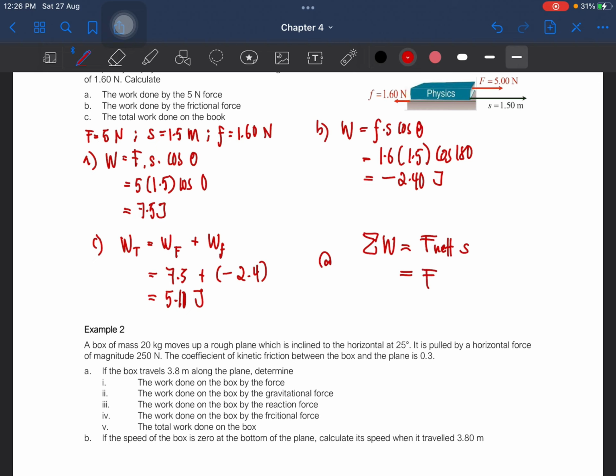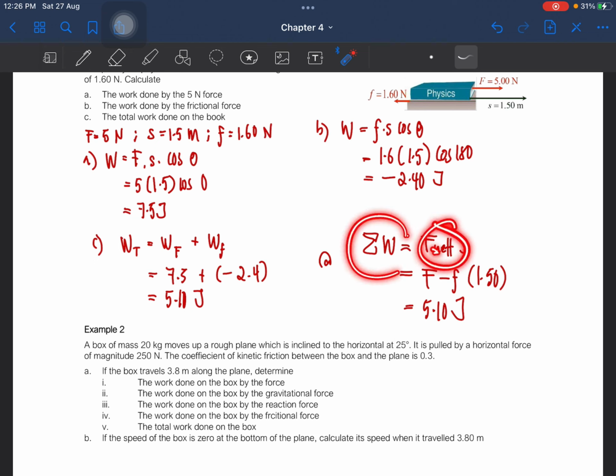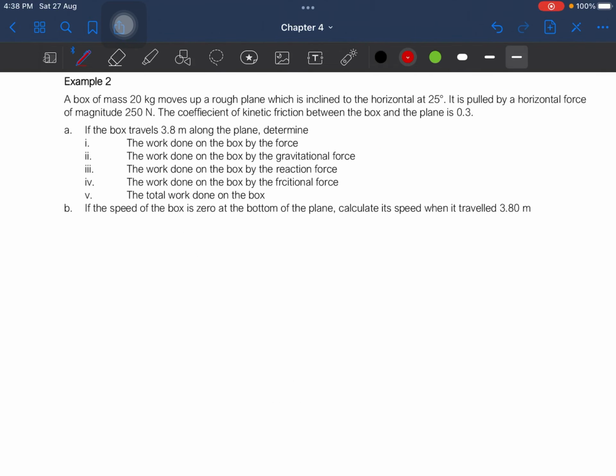So that is F minus F times dengan 1.5. Okay, nanti kamu akan tengok yang untuk the net work done, net force untuk work done, kamu akan apply untuk the one yang ada motion saja, the one yang ada velocity. Usually kalau tiada velocity tu, dia tiada lah, there is no work. That's why we are usually focused in net force untuk the component yang ada motion.